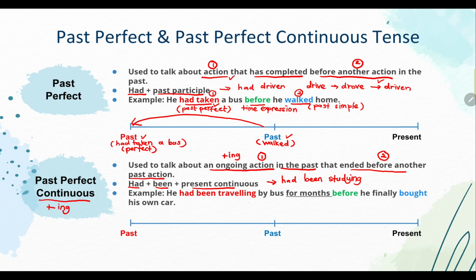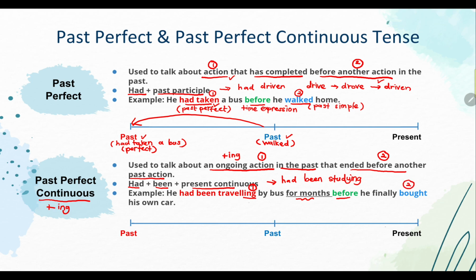So in here, which one happens first? We also have another time expression here, before. So, had been traveling. This one happened continuously for months. Dia berterusan selama berbulan-bulan. So this one is in continuous form, ing. And then the second action is he bought a car.